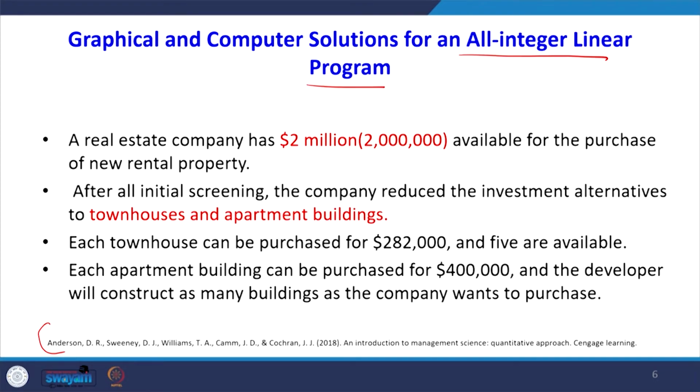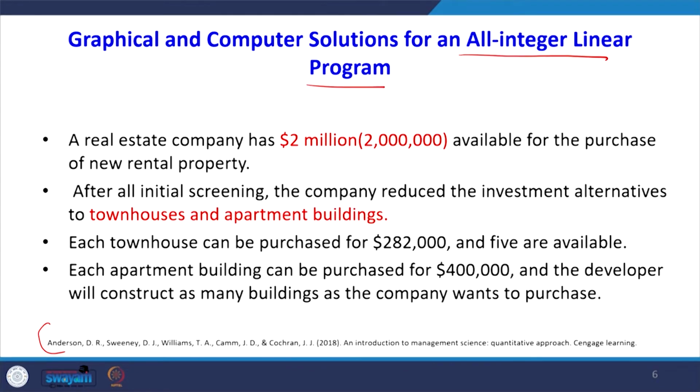A real estate company has $2 million available for the purchase of new rental property. After initial screening, the company reduced the investment alternatives to two: townhouses and apartment buildings. They are going to construct two types of building.